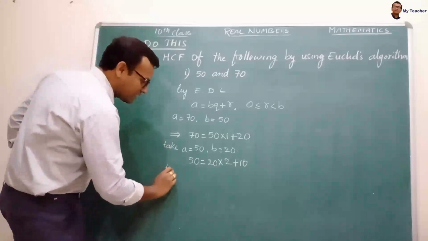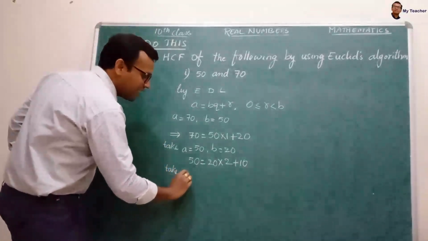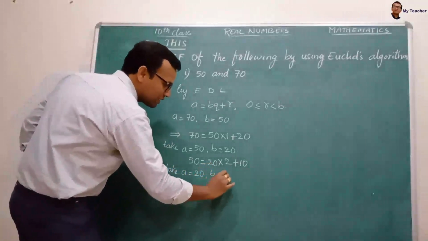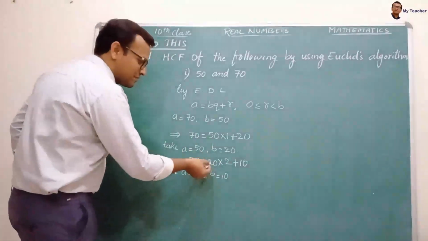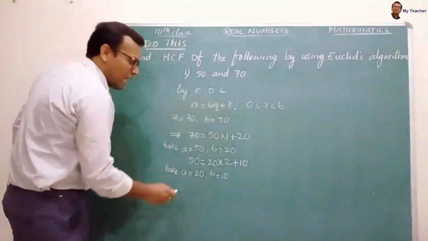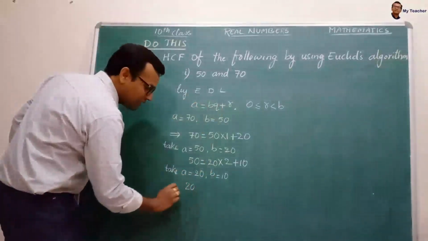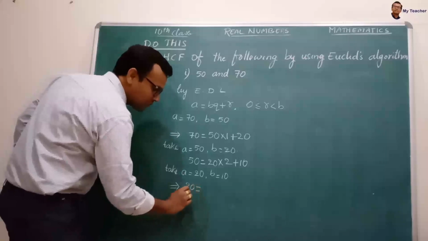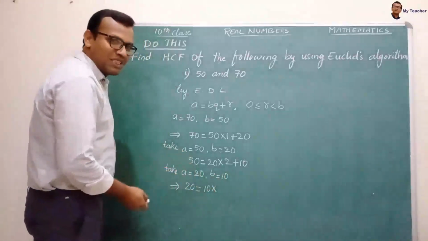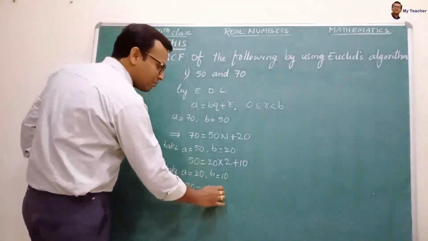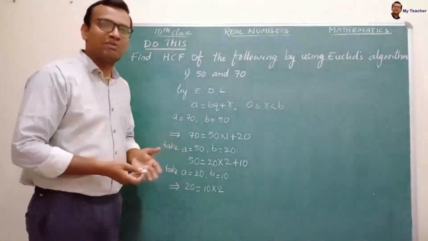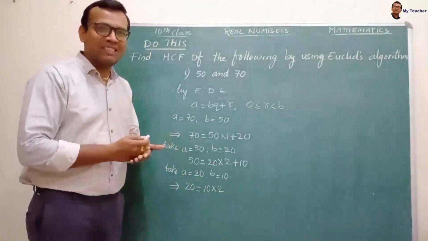So we'll continue this process till we get the remainder 0. Let's take A value 20 and B value 10. See here. The condition is A is equal to BQ plus R. That means 20 is equal to B value 10 into how many times? 10 2s are 20. Perfect. 20 out of 20 we got. So what is the remainder?